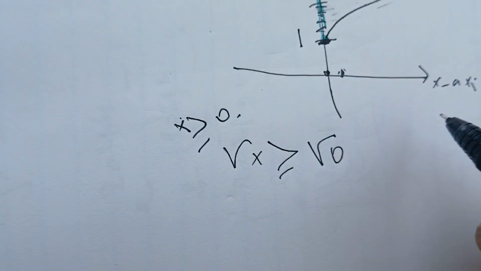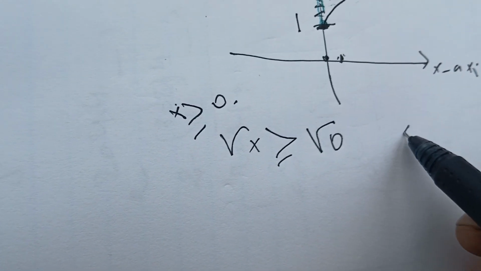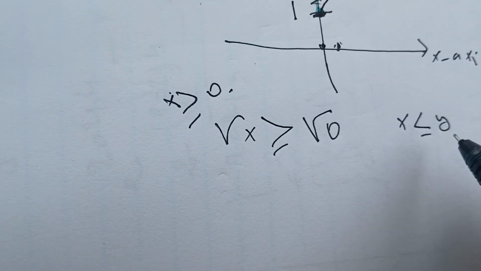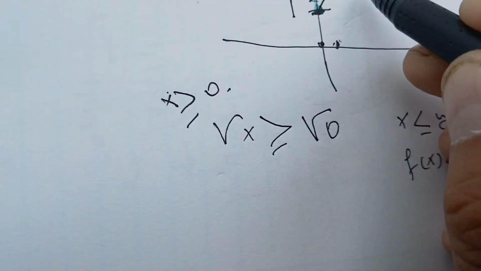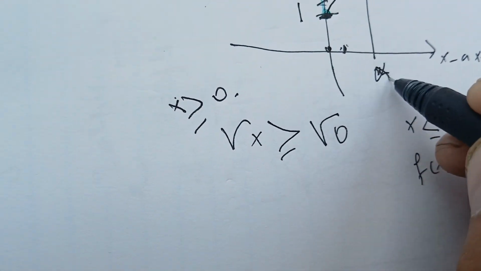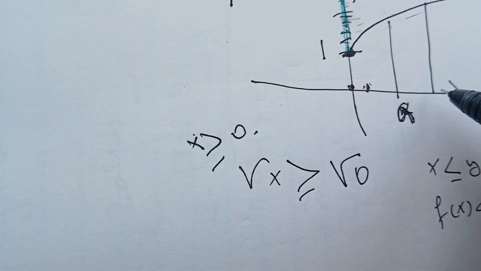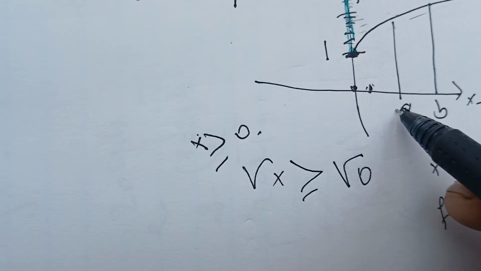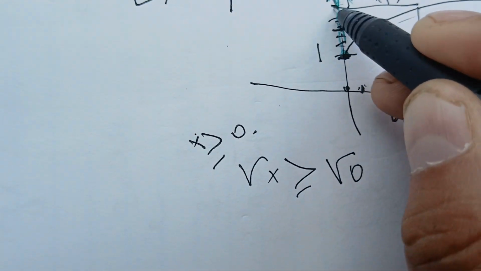An increasing function, as we said last time, is such that if x is less than y, then f of x is less than f of y. Here, let's call them a and b, so we don't confuse them with these x and y. So a is less than b, so the image of a is less than the image of b.